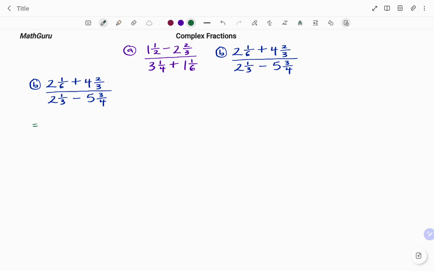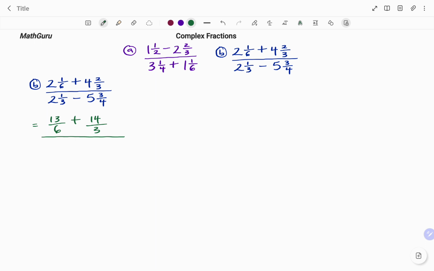So for the first term, I have 2 times 6, 12, plus 1, that's 13 over the denominator 6, plus, then I change 4 2/3, that's 4 times 3, 12, 12 plus 2, that's 14 over 3.